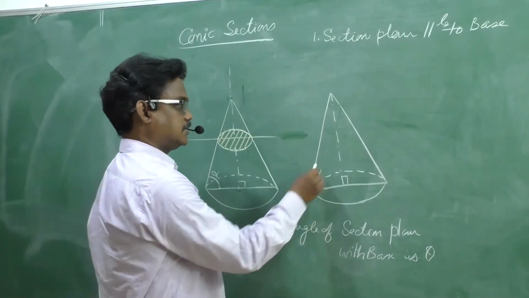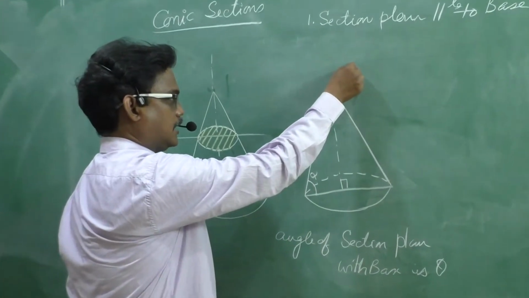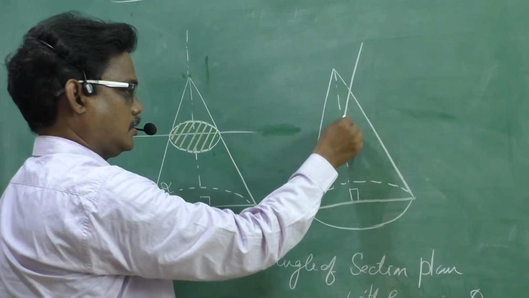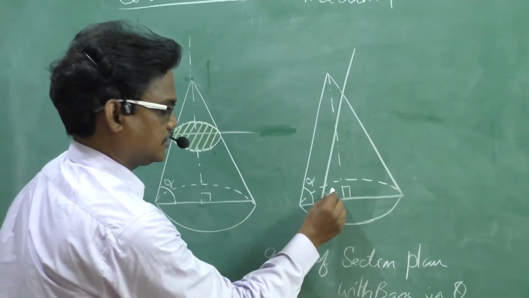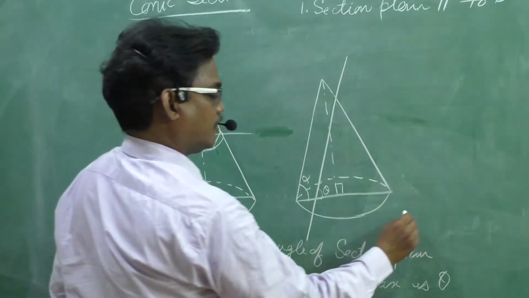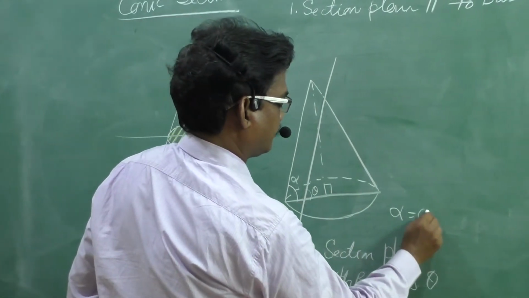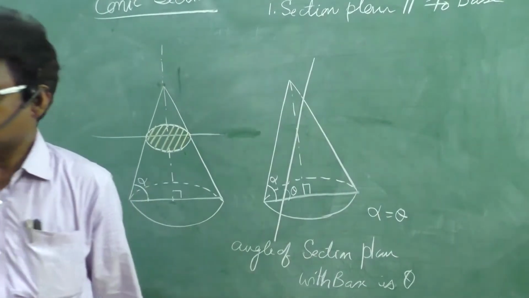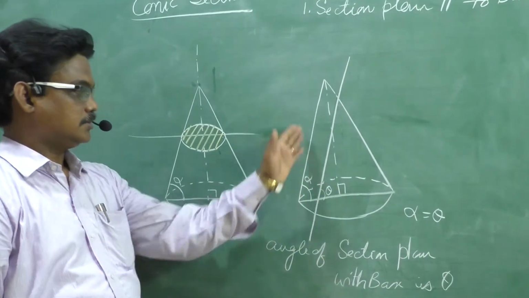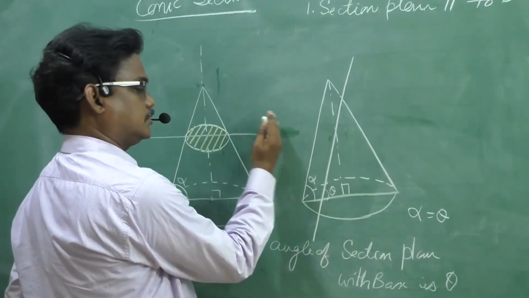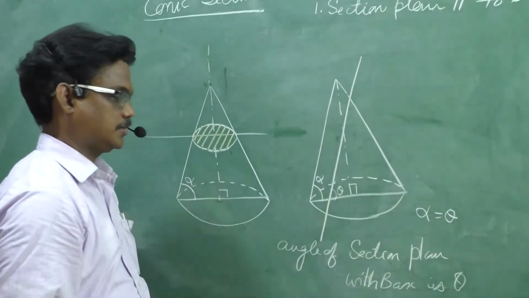And we consider section plane parallel to the generator. This is theta, and alpha equals theta. Now this is the removed portion, this is retained portion.